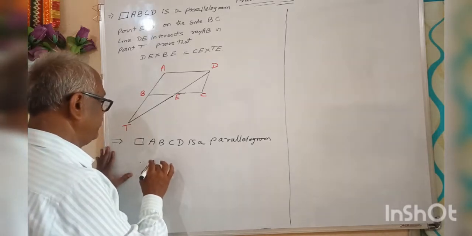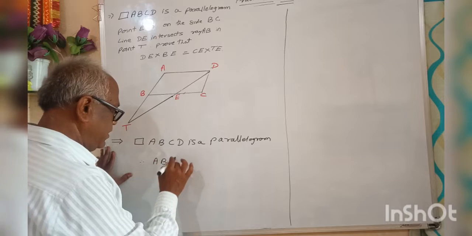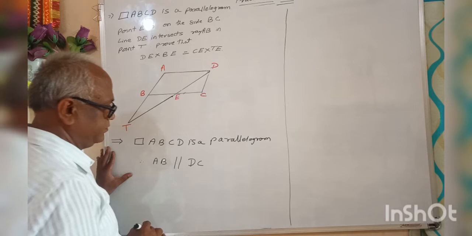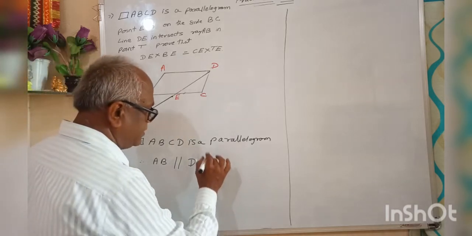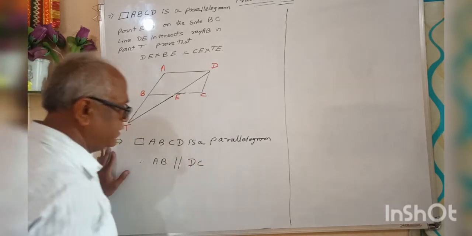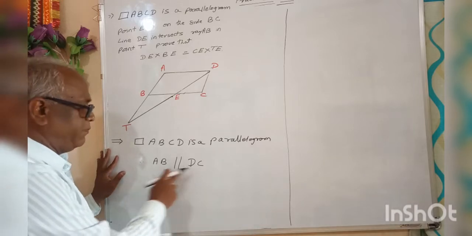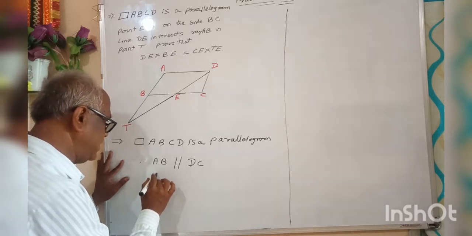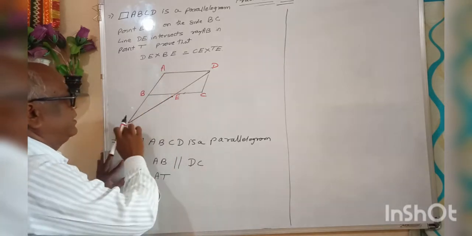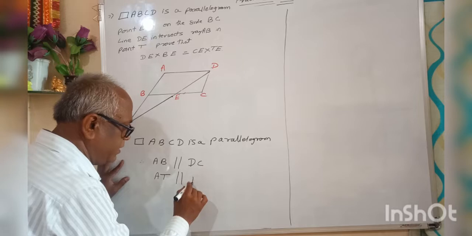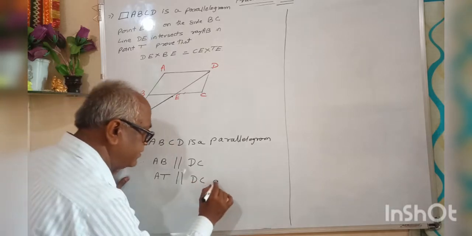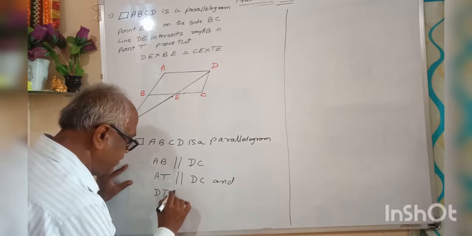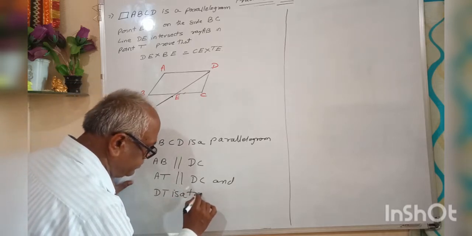Therefore, AB is parallel to DC, as in a parallelogram the opposite sides are parallel. Instead of AB, we are taking AT, which is parallel to DC, and DT is a transversal.